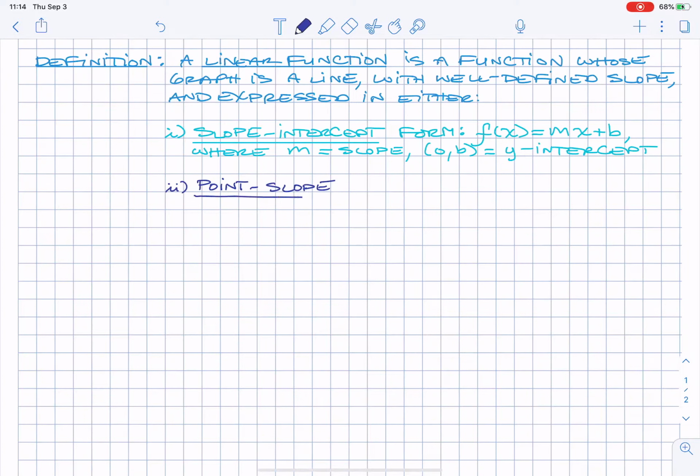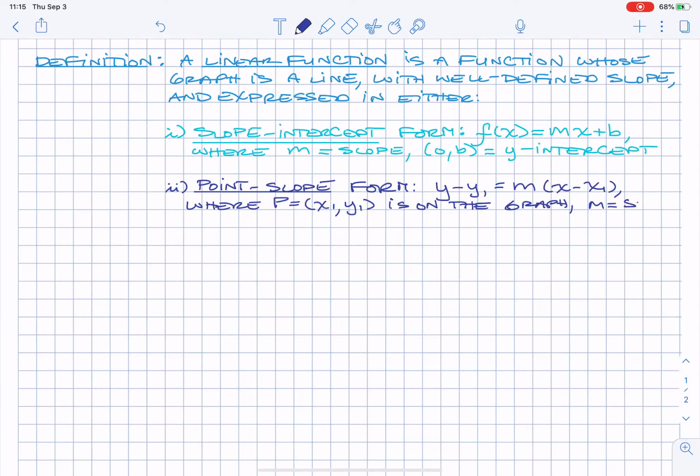And that's given as y minus y1 is equal to m times the quantity x minus x1, where P equals (x1, y1) is on the graph, and m is the slope. So hence we've got a point on the graph and the slope. So that's the point-slope form of a line.